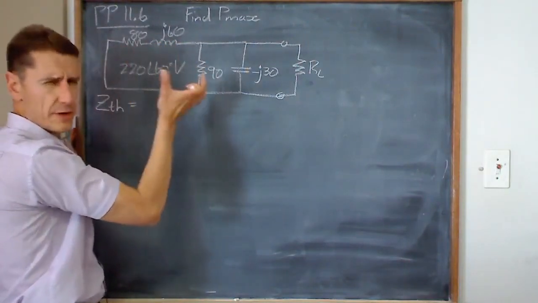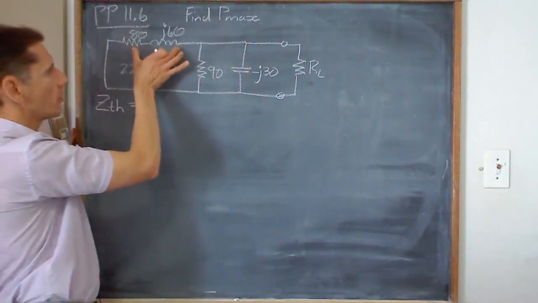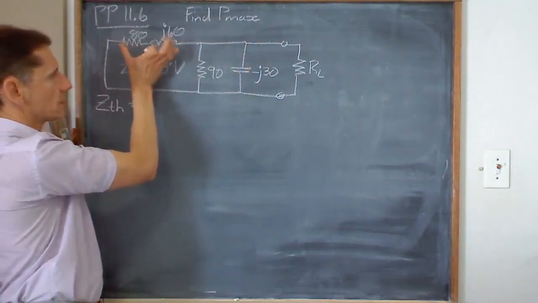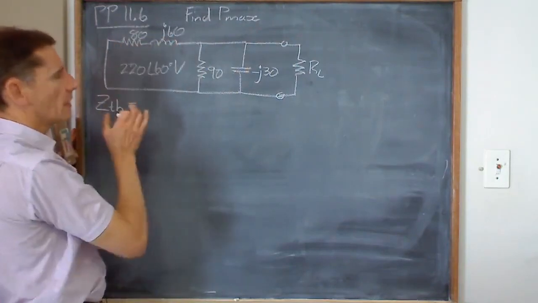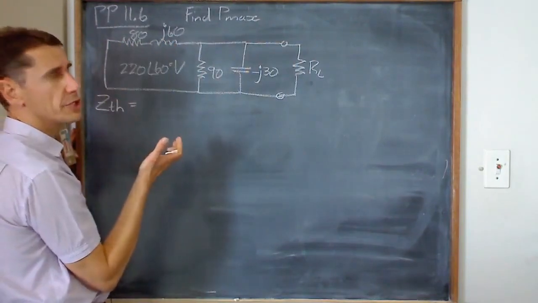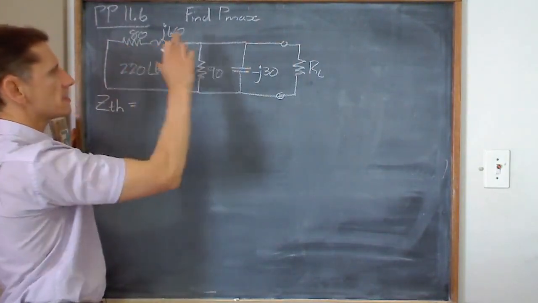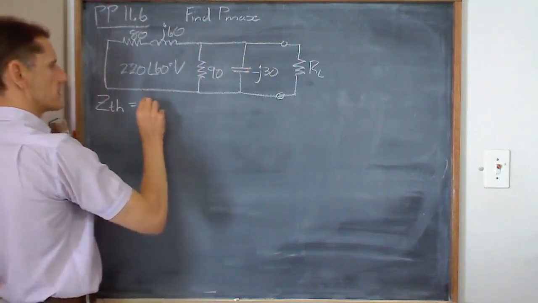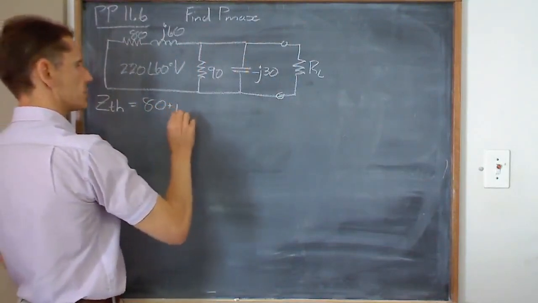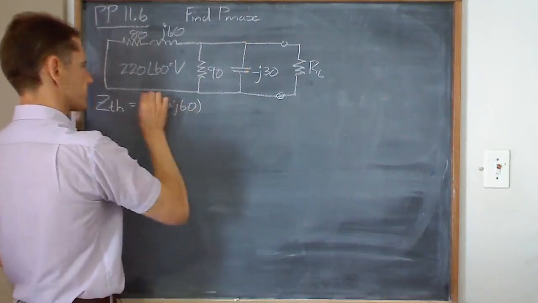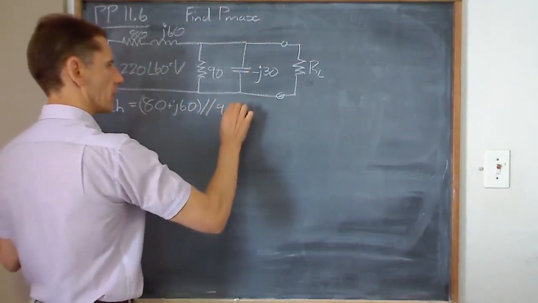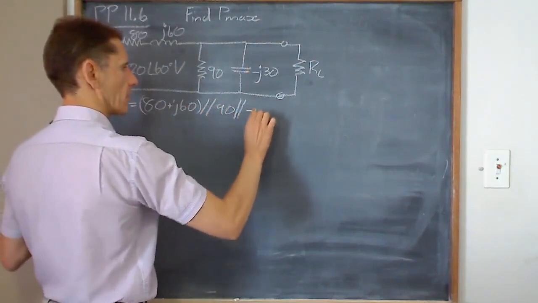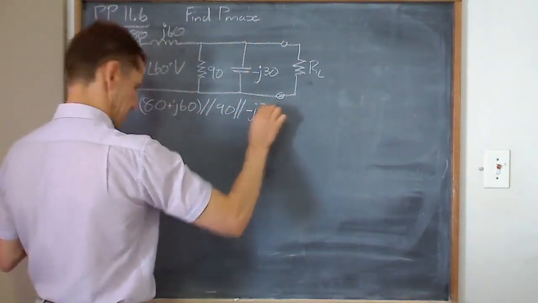Yes, it is two in series, but a real and an imaginary part gives me the single complex impedance. Well, impedance is complex by definition, but anyway, this impedance is in parallel with the 90, which is in parallel with the minus j30. So it's 80 plus j60, parallel with 90, parallel with minus j30.